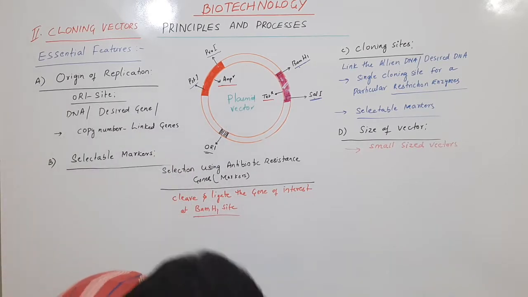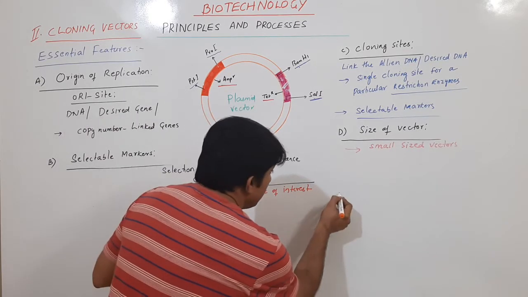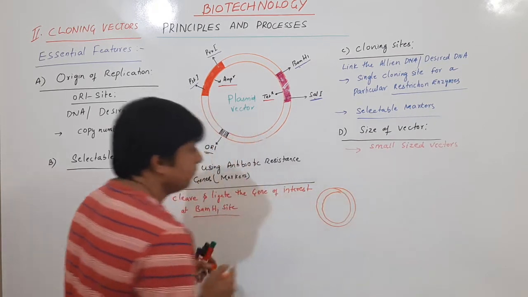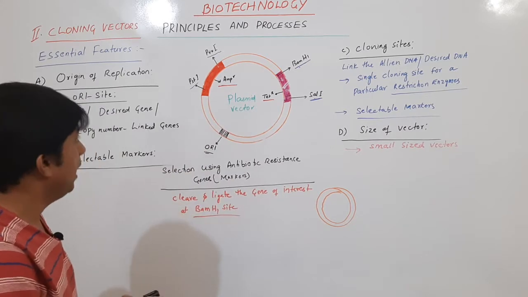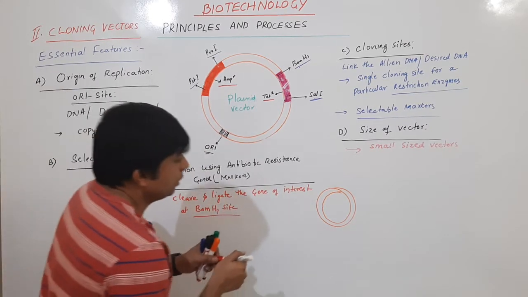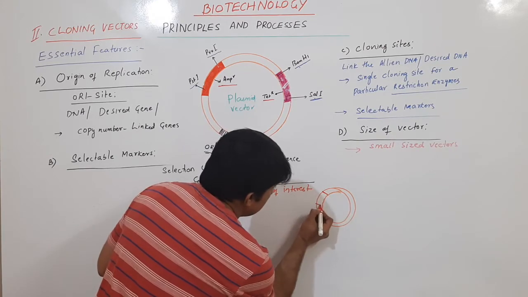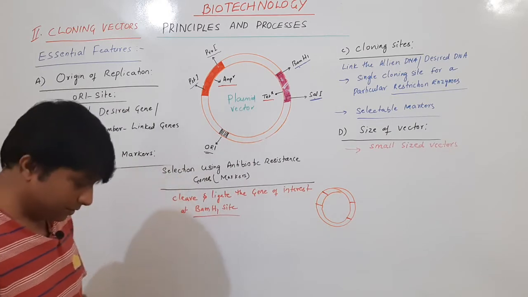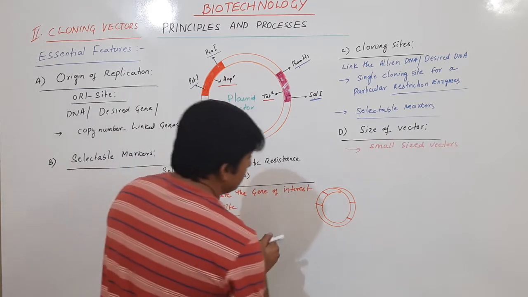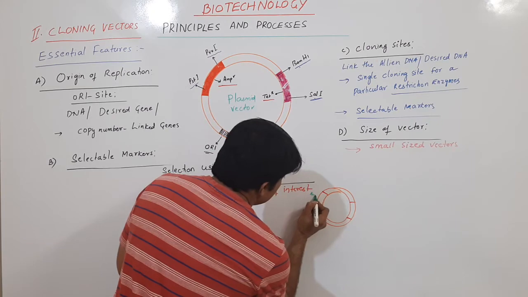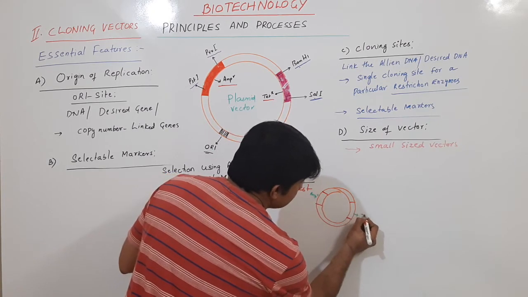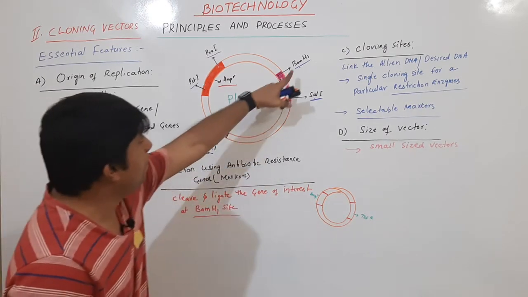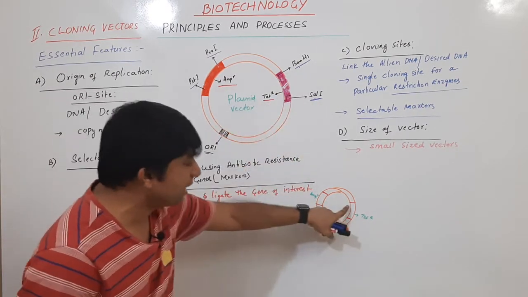So this is my pBR vector, and it has ampicillin resistance. This is tetracycline resistance. I'm just calling it: this is ampicillin resistance, this is tetracycline. These are the markers. Now BamHI is in the tetracycline resistance gene.